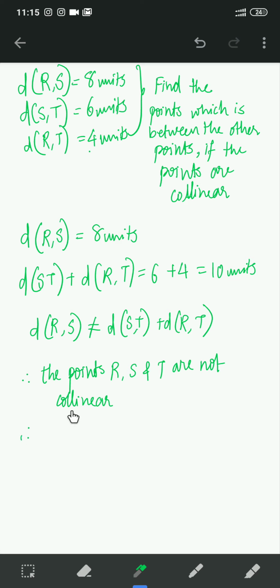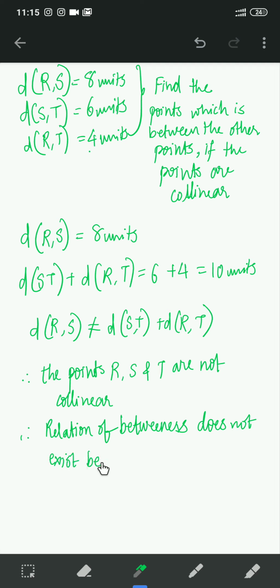Therefore, the relation of betweenness does not exist between the points R, S and T.